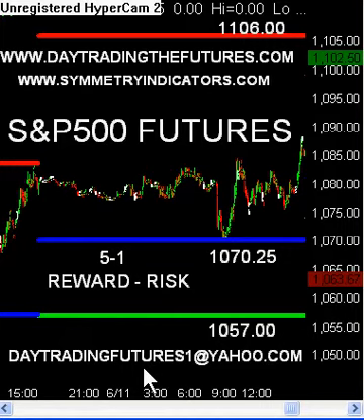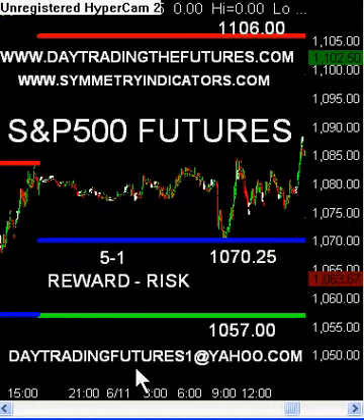So let me show you how we get a 5-to-1 risk to reward ratio. What separates us from all the other day trading rooms, and from all the standard indicators like the MACD, the RSI, stochastics, all the stuff that everybody has, is these levels. What I found over the past 20 years of trading the markets is that you really need to be trading with the hedge funds and the institutions.